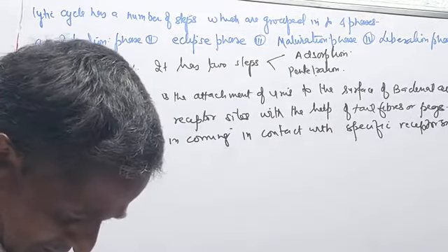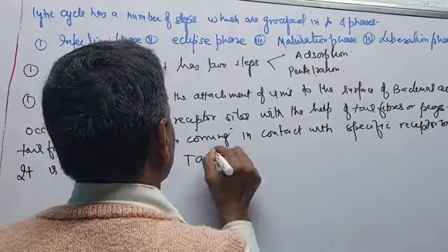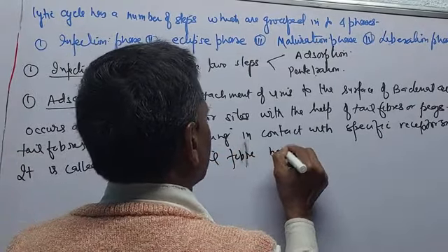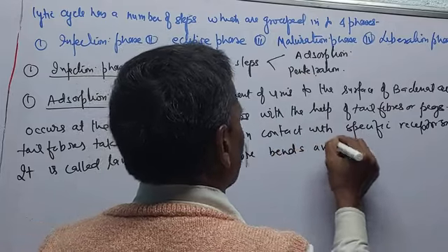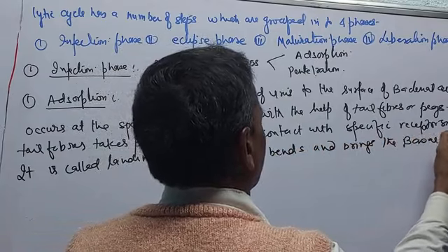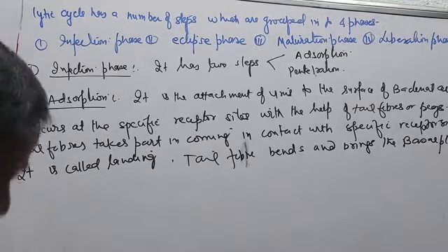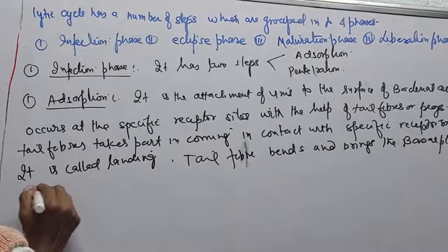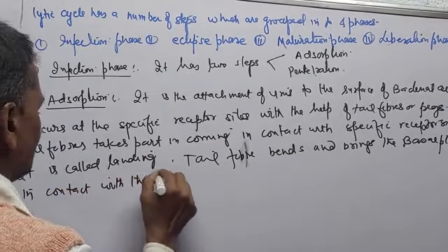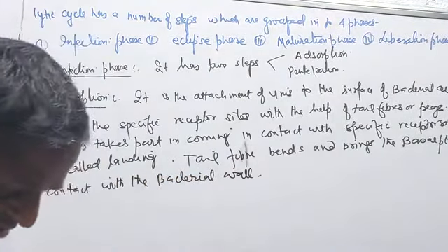The tail fibers now bend and bring the basal plate in contact with the bacterial wall.